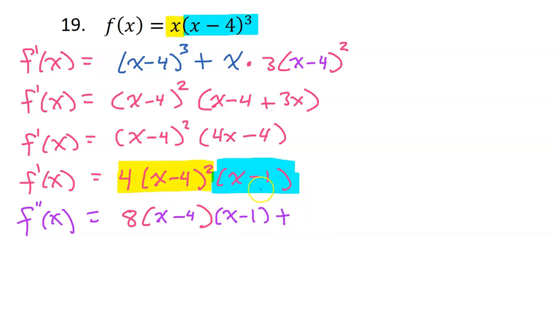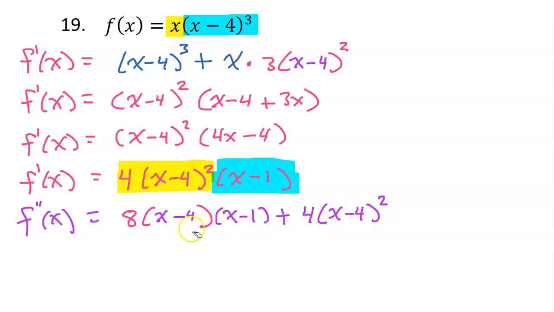The second time through, you leave the first part alone. So I'm just going to copy down the 4 times the x minus 4 squared. And then you multiply by the derivative of the second part. But the derivative of x minus 1 is just 1, and I don't really need to write that down. So that's it. This is the second derivative.